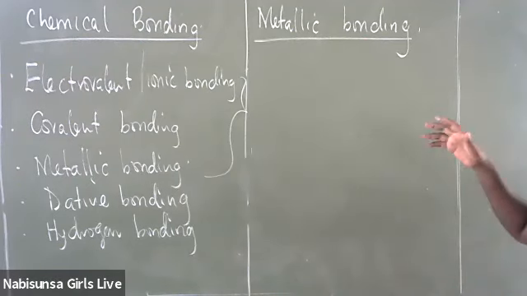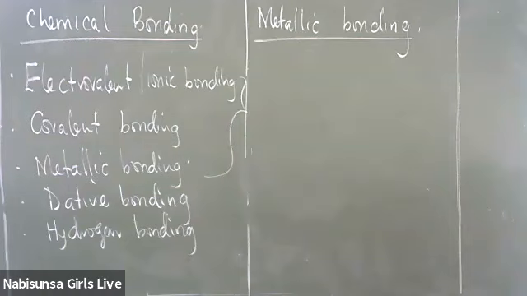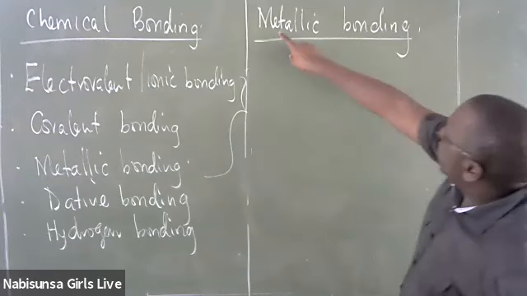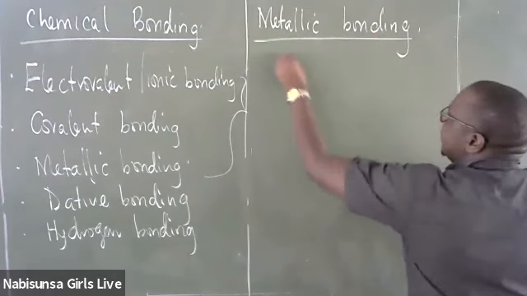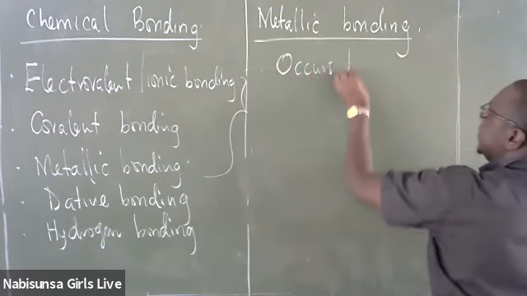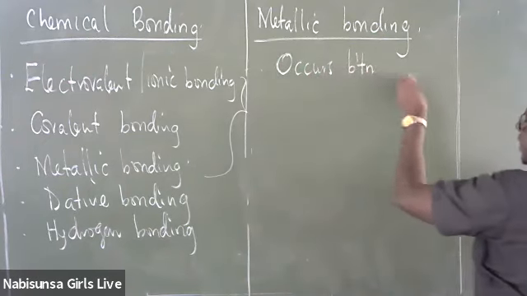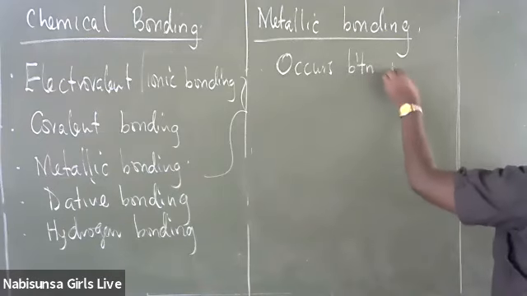But now, what do we know about metallic bonding here? Metallic bonding only occurs between metals. That is the first part, it occurs between metal atoms or metal elements.